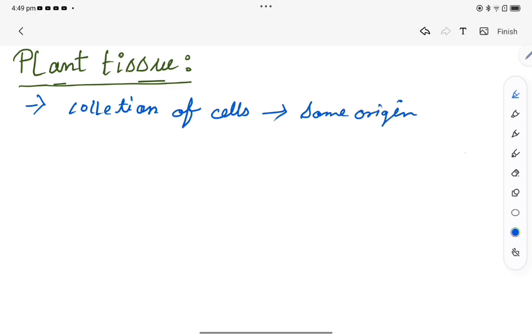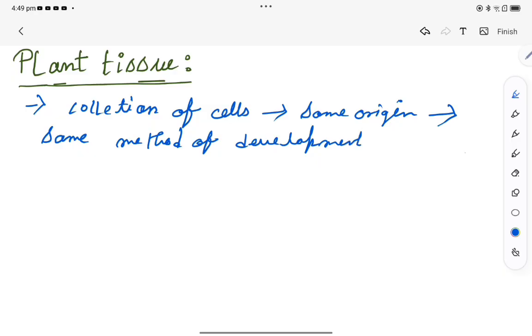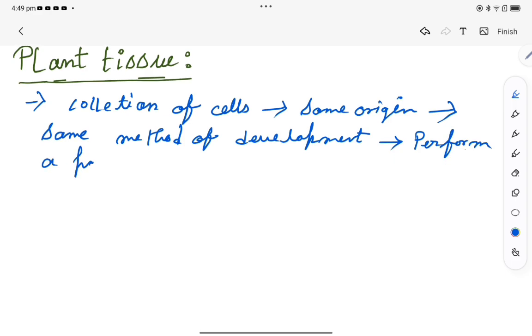It means they originate from the same position, and they have the same method of development, and they perform a particular function.